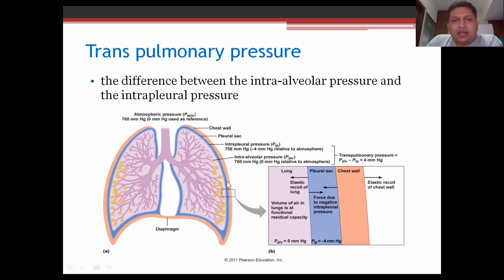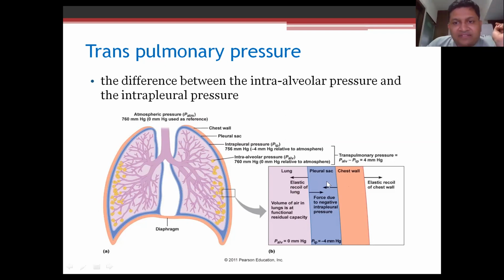So the chest wall and the diaphragm expand, the diaphragm contracts, but that pressure is not directly impinged on the alveoli. There is a sac in between, which is called the pleural sac. Whatever pressure change occurs due to the expansion of the chest wall will first go into the pleura.